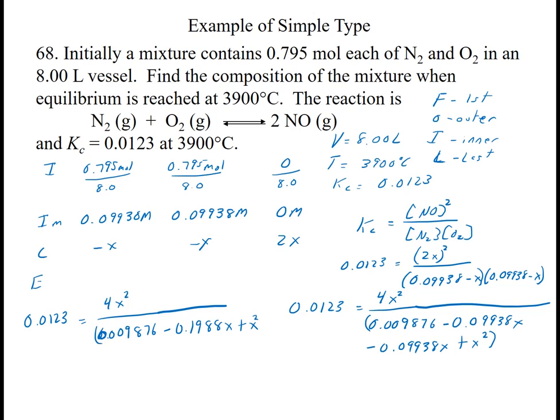And I do the same process, so I'm going to start on the next slide where I'm going to multiply this denominator through by the 0.0123. So from the previous slide, I have 0.0123 is equal to 4x squared over 0.009876 minus 0.1988x plus x squared.